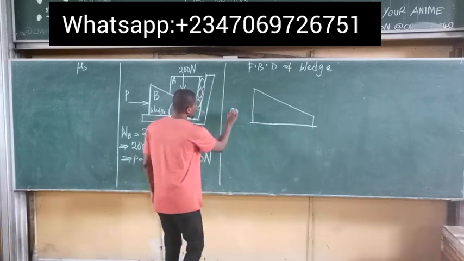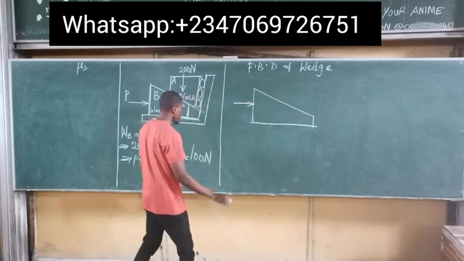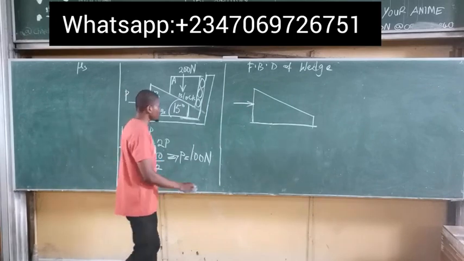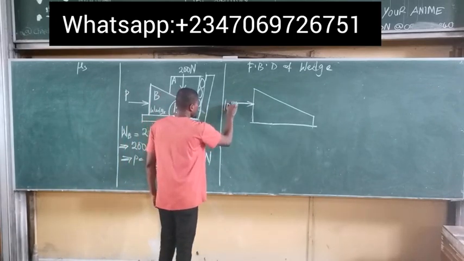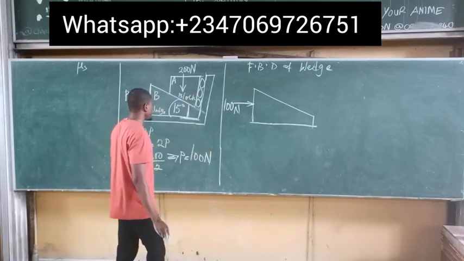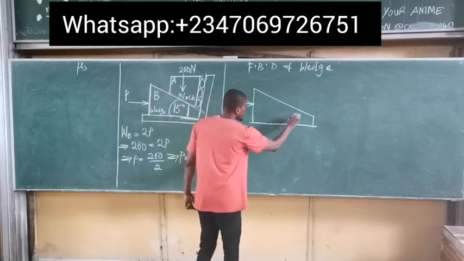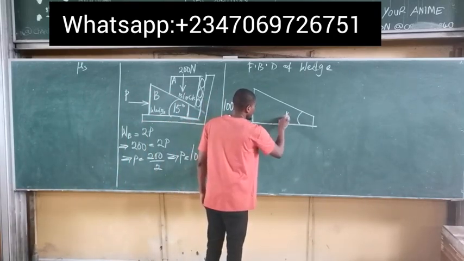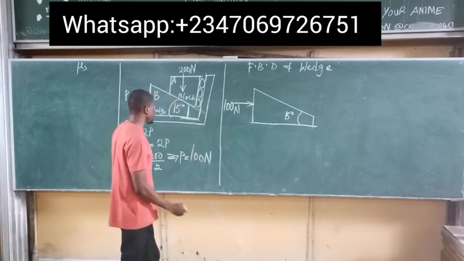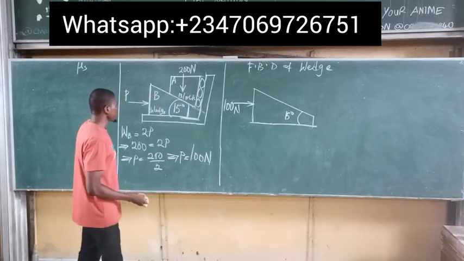And we have the force P, and this force has been found. The value of P is 100 newtons, so simply put down there 100 newtons. The angle of the wedge is simply 15 degrees. We have here 15 degrees.